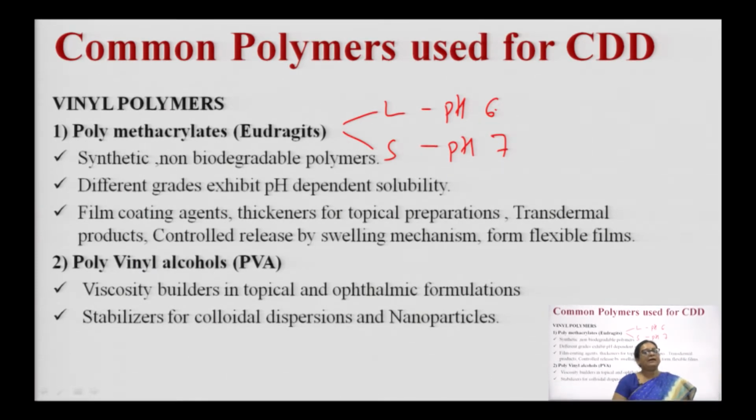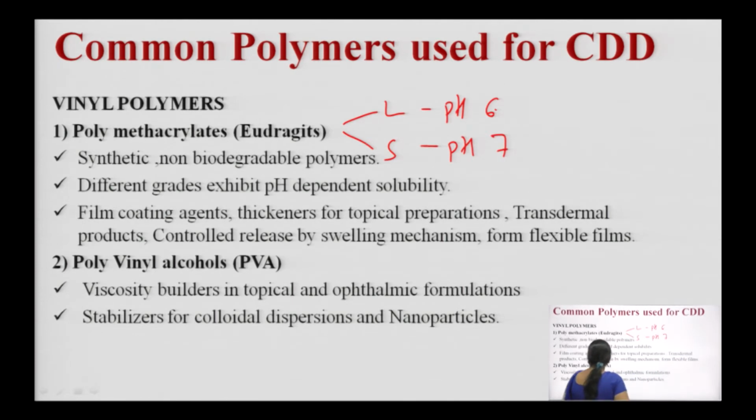It has been applied as a film coating agent, as thickener for topical preparations, again as a viscosity builder, and it has been used in making controlled release preparations because of its swelling mechanisms. In addition to it, it forms flexible films, and lastly but not the least, the most important application is that it is pH resistant. Different grades of Eudragits can offer protection against acidic pH of the stomach.